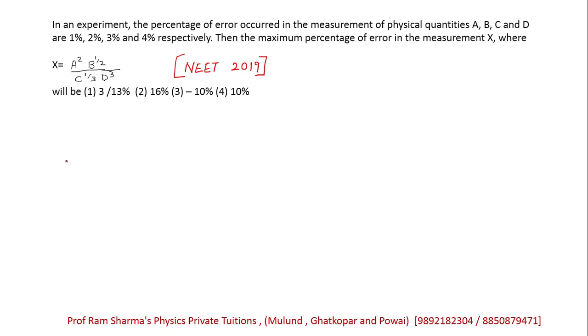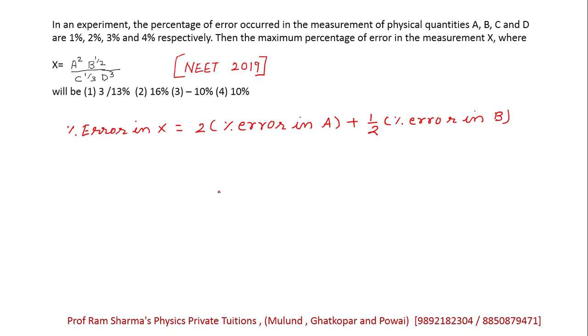Percentage error in X is equal to 2 times percentage error in A plus half times percentage error in B plus 1 by 3 times percentage error in C plus 3 times percentage error in D. So let's substitute.